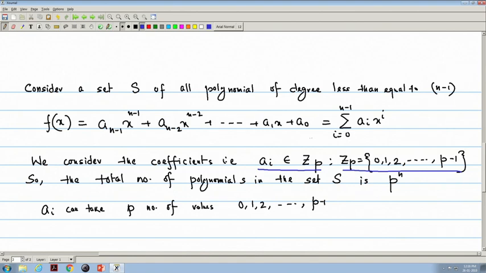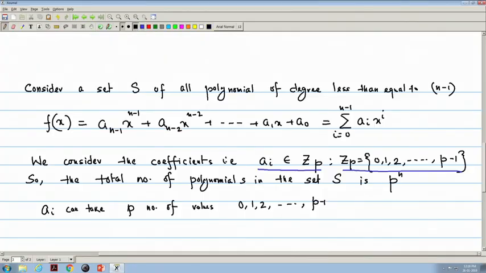And I have n number of coefficients, a_0 to a_{n-1}. So all possible terms that will give one polynomial will be p to the power n.